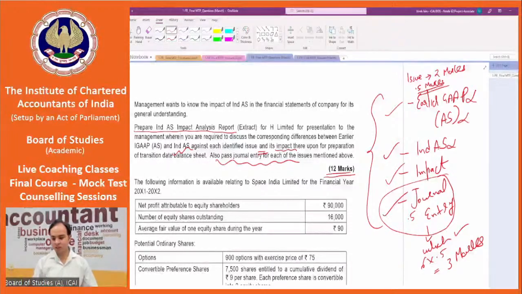Sometimes the students may state the impact and journal entry. How many marks will you get? 1 mark for one issue, and 6 marks for 6 issues.